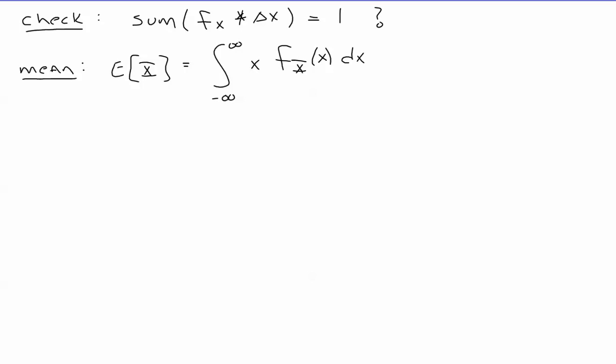Using my probability density function estimate, I could do this: M equals sum of C dot star fx dot star delta x, and that's how I would do it in MATLAB.